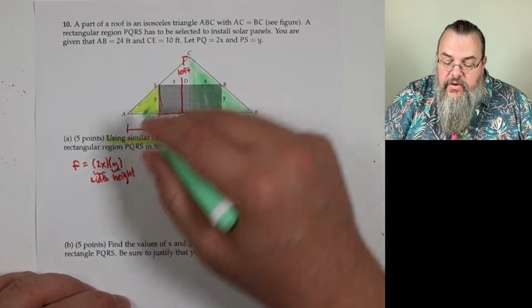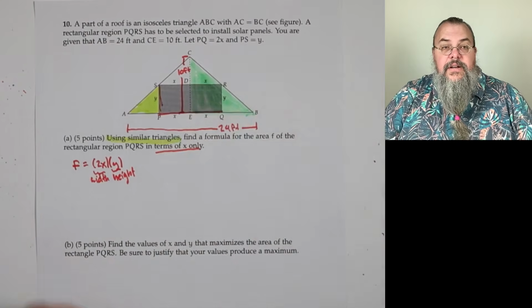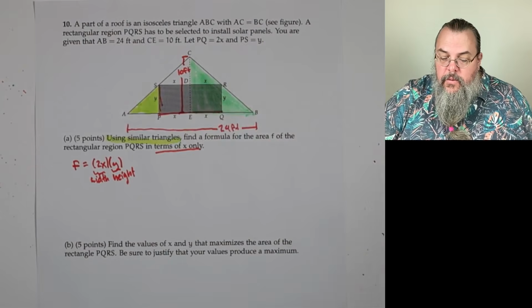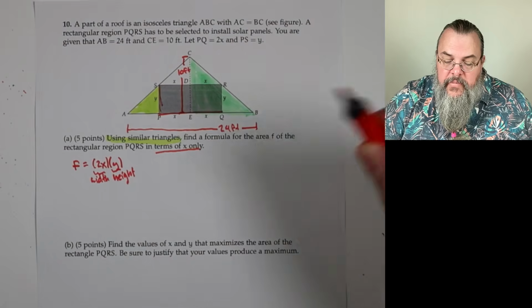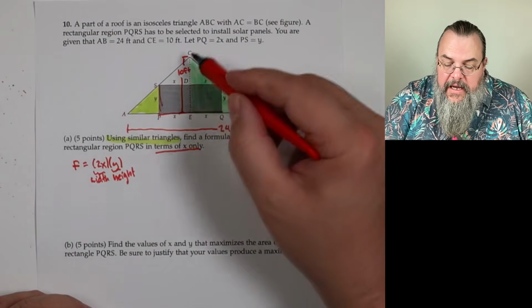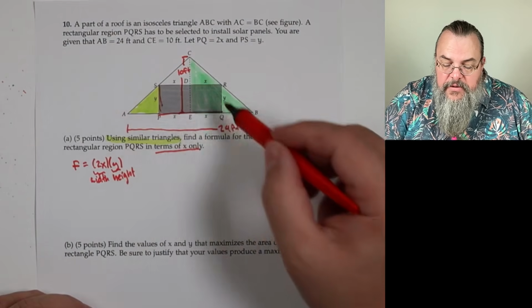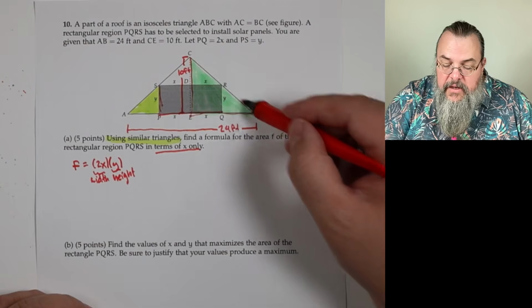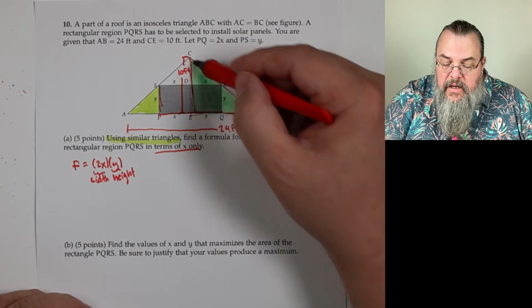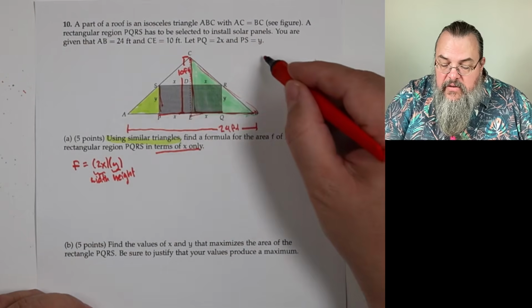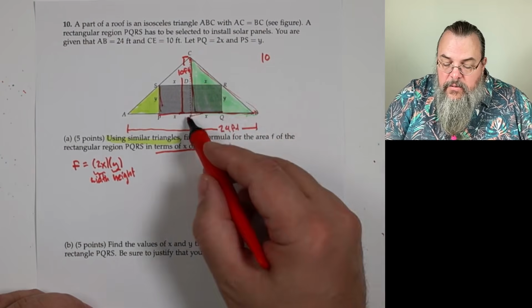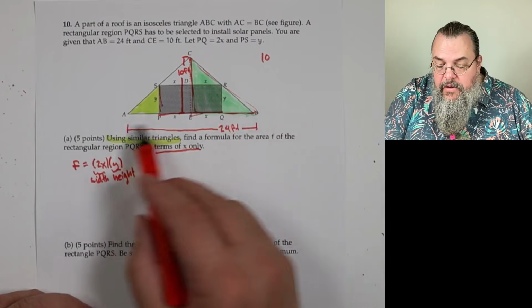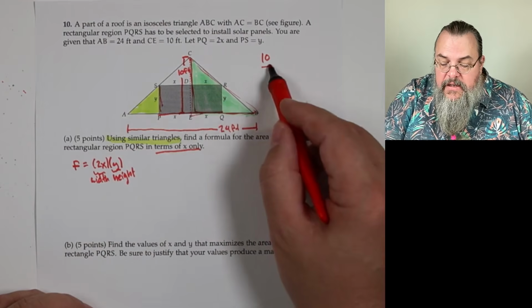So these two triangles are similar. Now, what do we know about these triangles? Well, we're not going to use the diagonal parts because those don't have any measurements attached. But for this triangle here on the right, we see that the height is 10 and the width is half of 24. Right, 24 is all the way across, so half of that is 12.